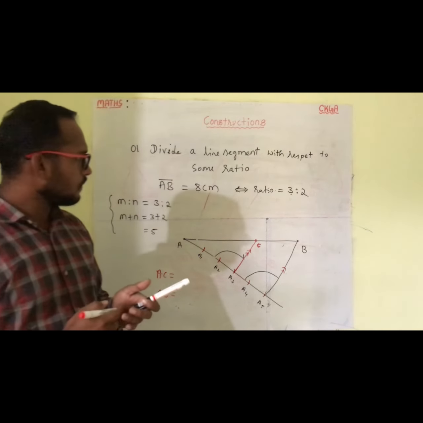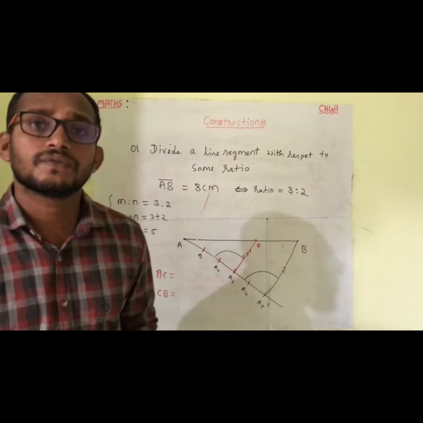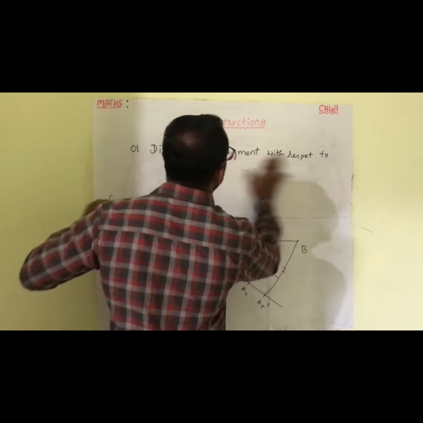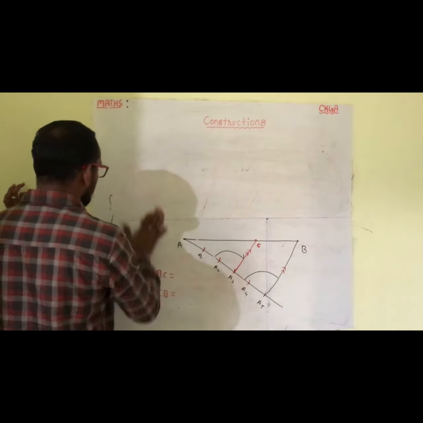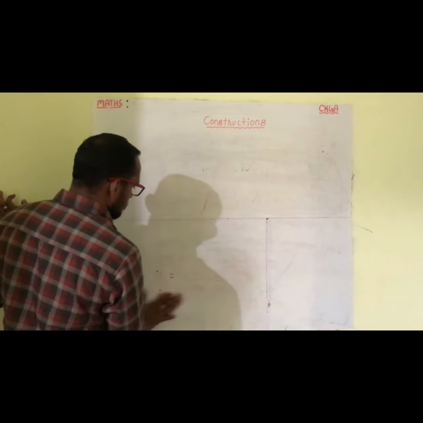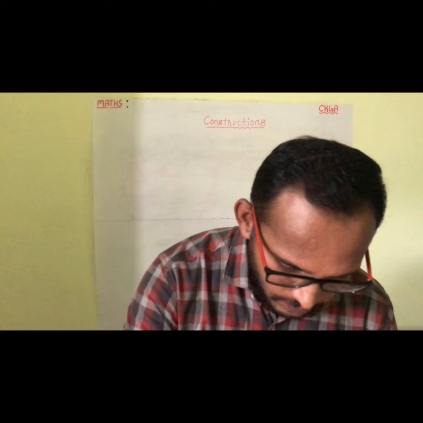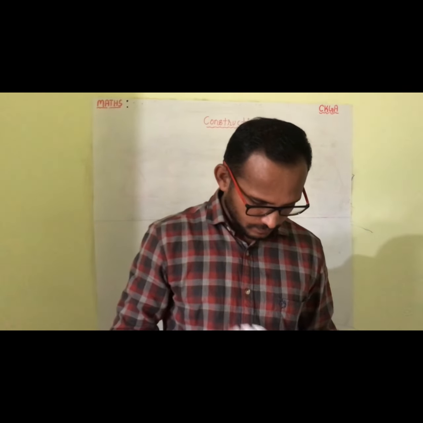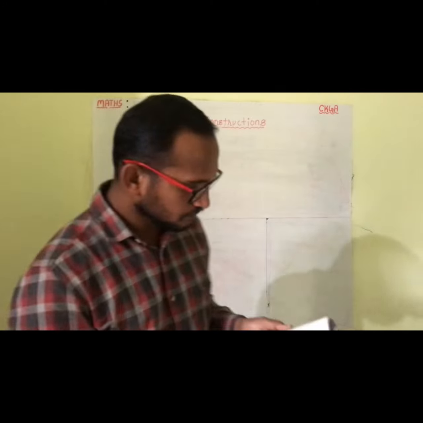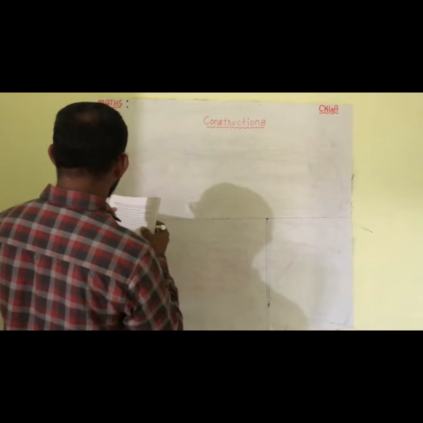Now I'll take up another type of construction, construction of similar triangles. I'll take help of the ruler, then only I'll construct it. Here the question goes like this.